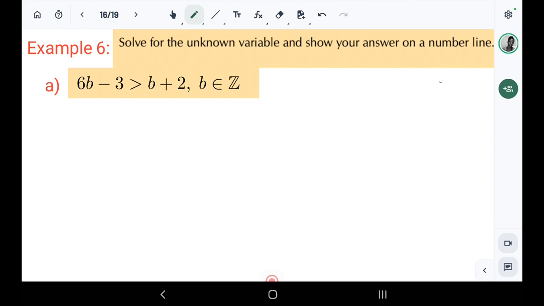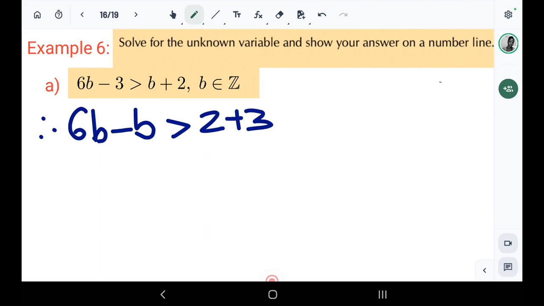So we solve as we would any other equation. We take everything that has b to the left-hand side, and take everything that has numbers to the right-hand side. So the negative 3 becomes positive. And therefore, 6 minus b, that is 5b, is greater than 2 plus 3, which is equal to 5.